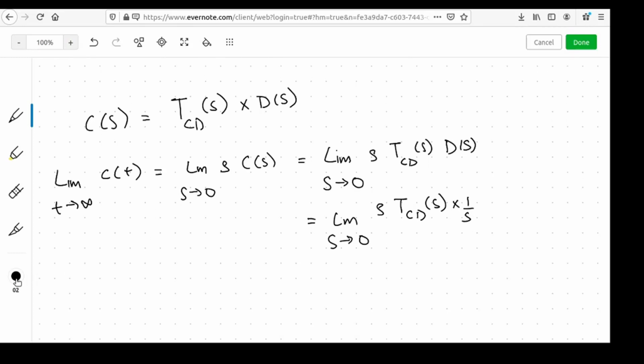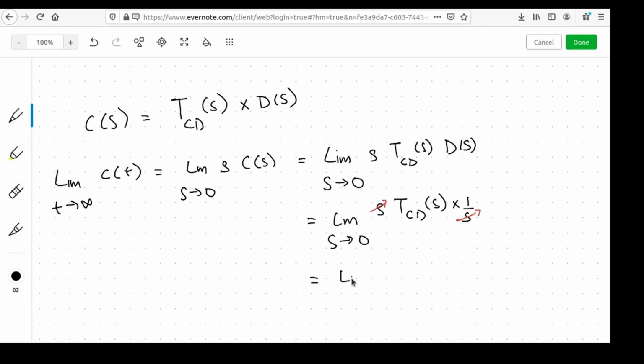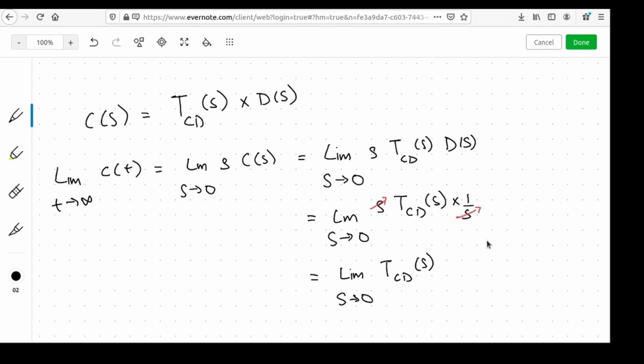The s's cancel, and this will be equal to limit s tending to 0 Ttd of s. So the final value of the output is limit s tending to 0 Ttd of s.